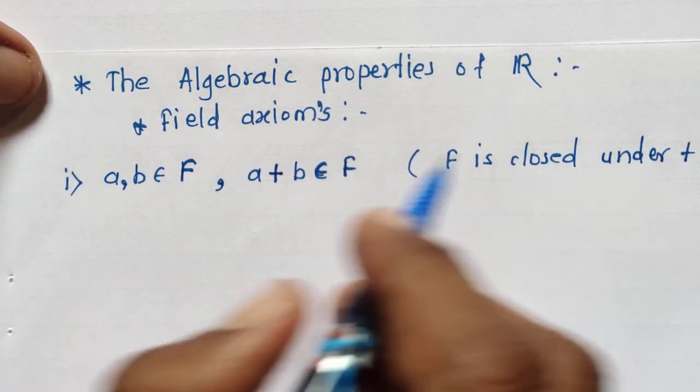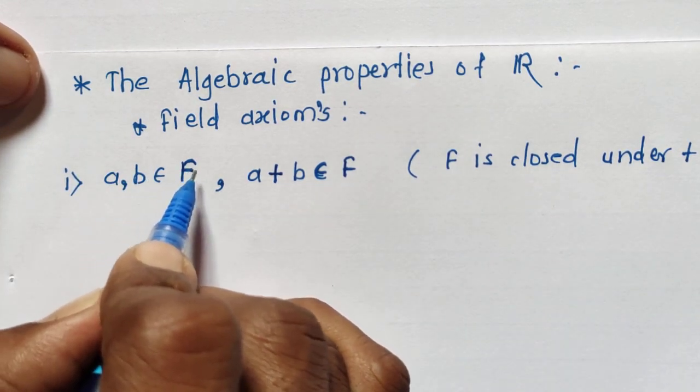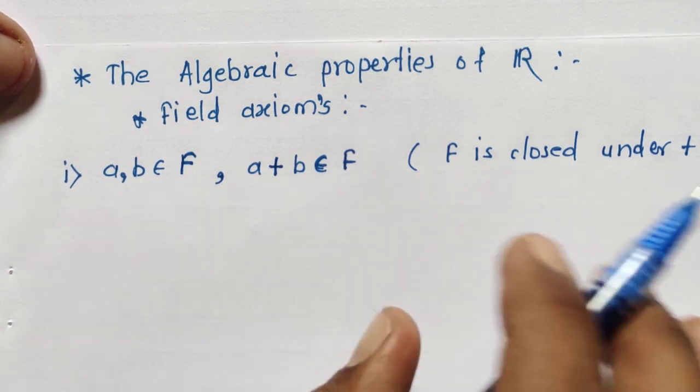F is said to be closed under addition whenever for any A, B belonging to F, A plus B must belong to this set F.